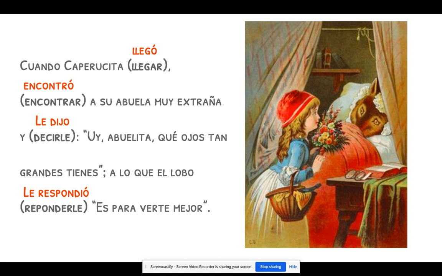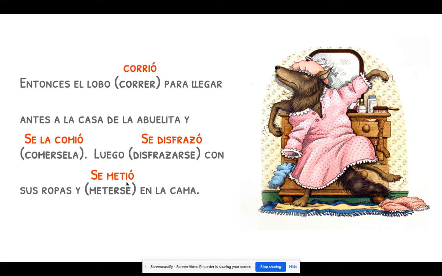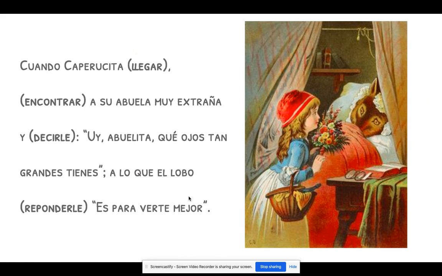So it says, when Caperucita arrived, and in my previous Spanish explanation, I flipped back to the screen previous because our last thing where we left off was the wolf put himself in grandma's bed. If we go here, the next thing that happens is that Little Red Riding Hood arrives at grandma's house. So when she arrived, she found just one time, and it's the next action in the series, her grandmother looking a little bit strange.